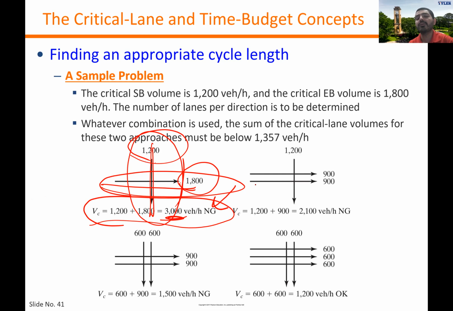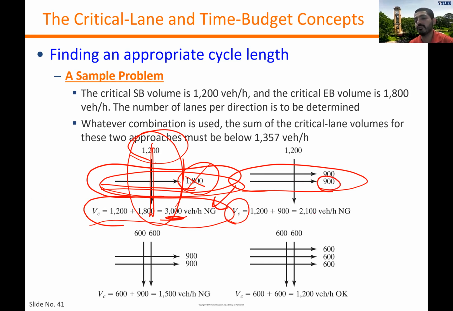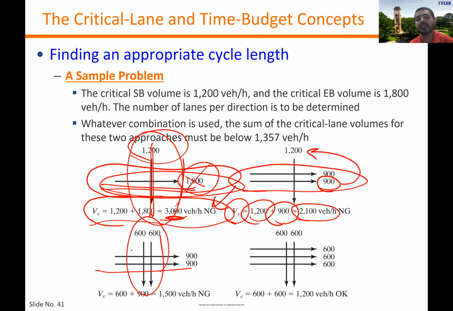And then now you go to the higher bound, which is in this case the east-west bound. You're going to divide the 1800 into two lanes. Now you have 900 each. Now the new VC is actually 900, which is one of the two lanes, plus 1200. And that's why we ended up with 2100. Still not good because it's higher than 1357. And then now we go to the next option, which is two lanes north-south and two lanes east-west.